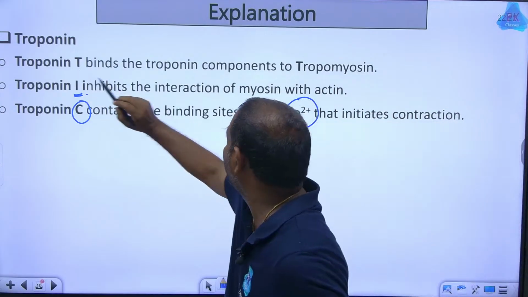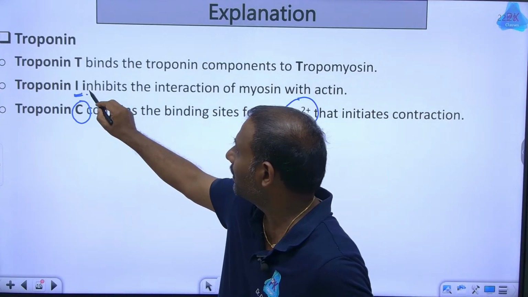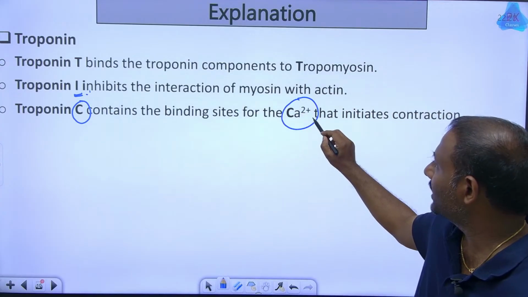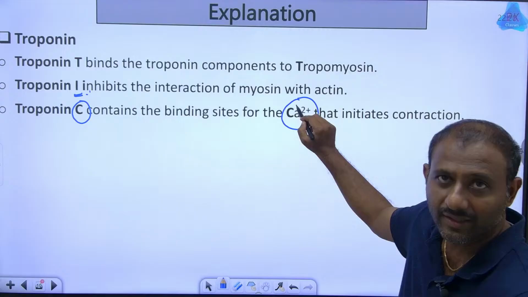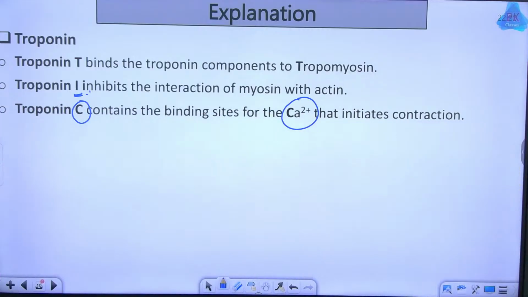So T indicates tropomyosin, I indicates inhibits, and C denotes calcium. C for calcium. तो ऐसे आप लोग याद करना है.